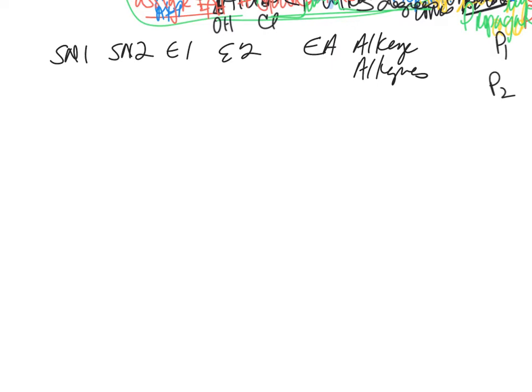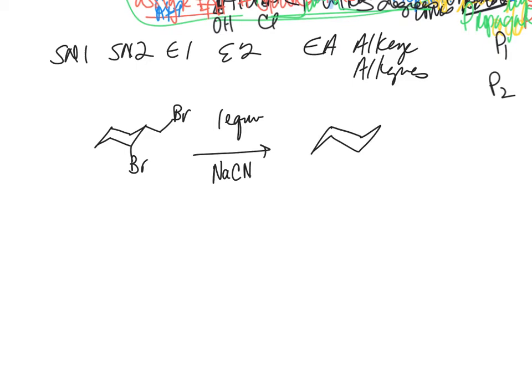So if you have something like this, okay, and you have 1 equivalent of sodium cyanide, what's your product? And what's the reaction mechanism? Well, this is a secondary and this is a primary. So the primary will react faster.